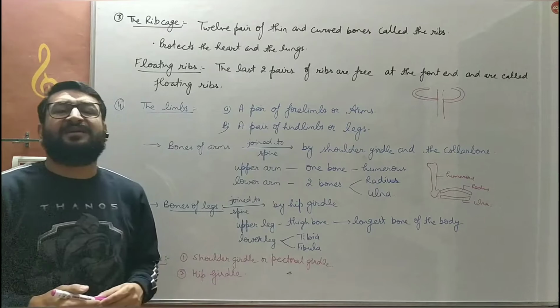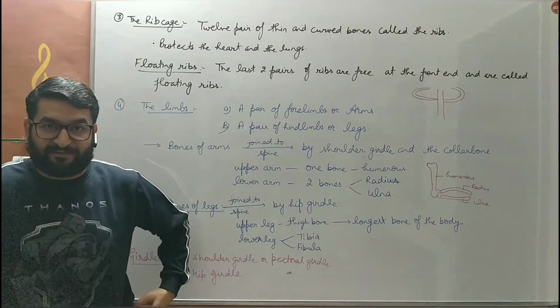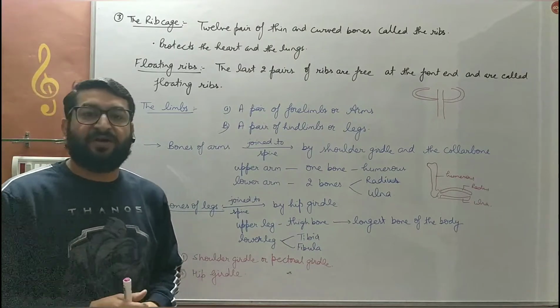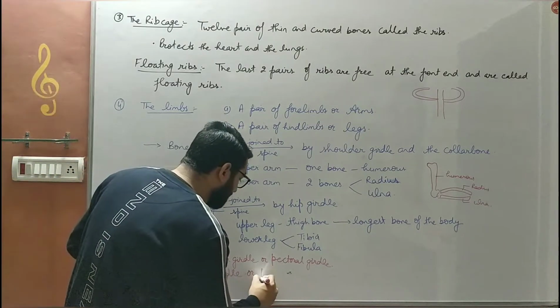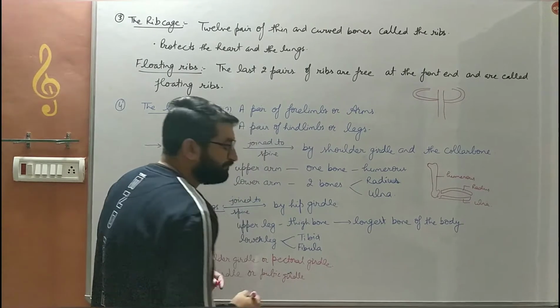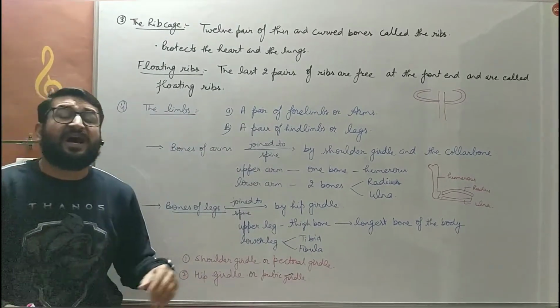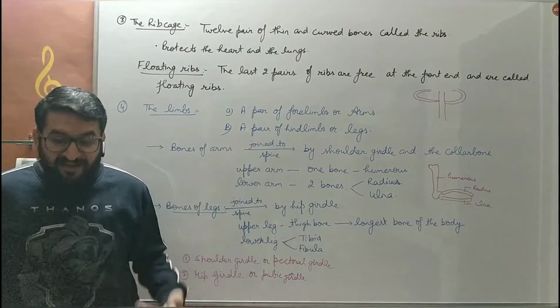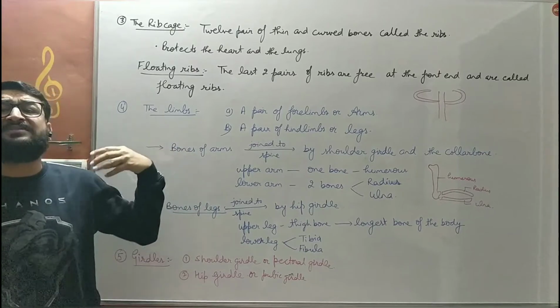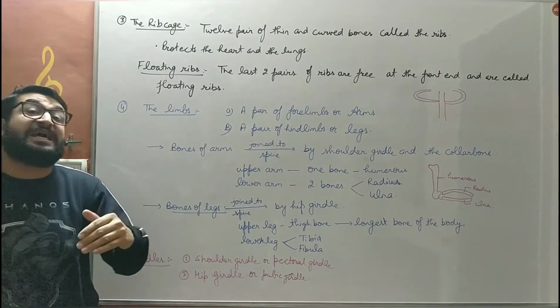And the second girdle is present in our waist region here, where our waist is, that is known as hip girdle or pubic girdle. These girdles allow the limbs, arms and legs, to attach to the spine, as these arms and legs are not attached directly to the spine.